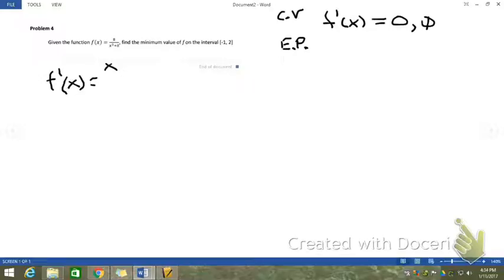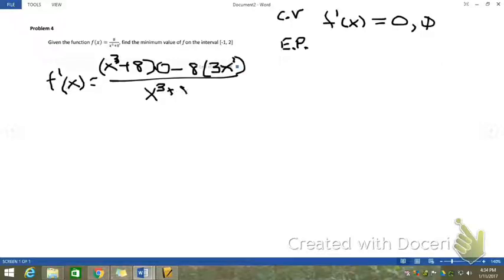So low d high minus high d low, all over low squared. Now notice I'm not multiplying out the denominator because I really want to figure out when the derivative is 0. Okay, don't really need the denominator for that.